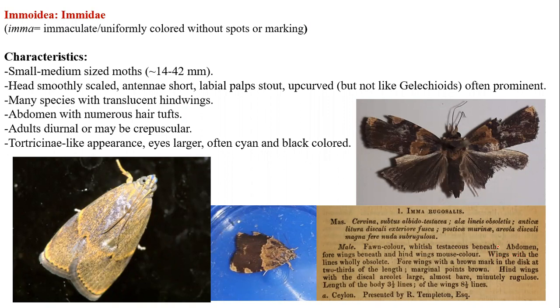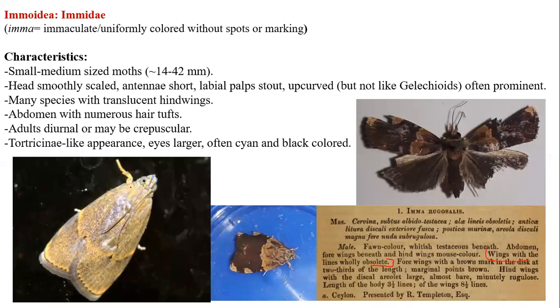While discussing its characteristics, he wrote that the wings have the lines wholly obsolete. Possibly because of these obsolete lines on the wings, meaning uniformly colored wings, they are so named, I think.